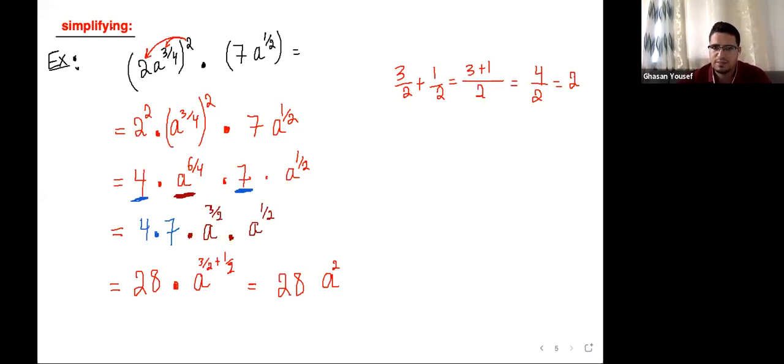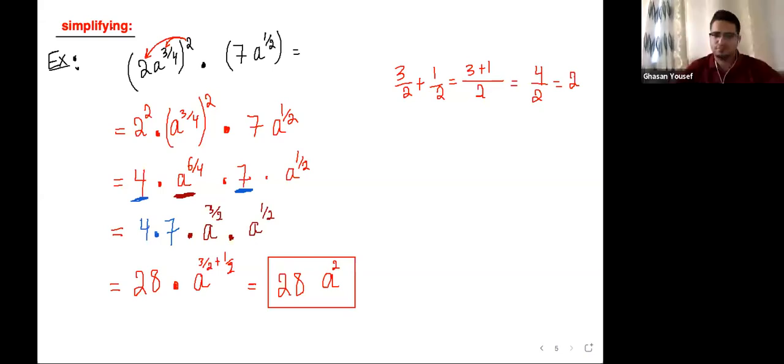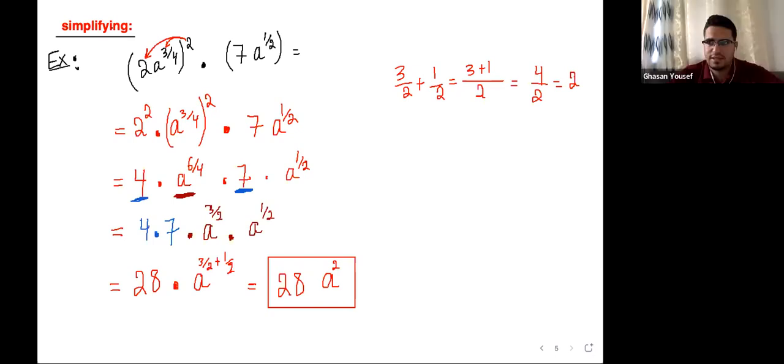No, this is the simplest form, Eric. We cannot simplify it more than this. If there was a parentheses like (28a) squared, then you can distribute the 2, but this is the simplest one. So we stop up to here.